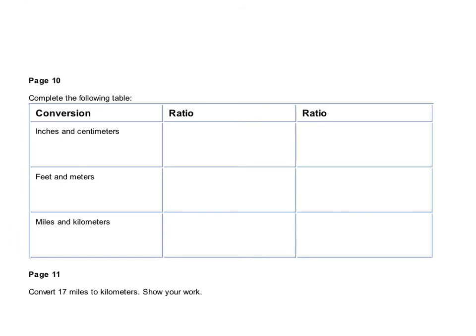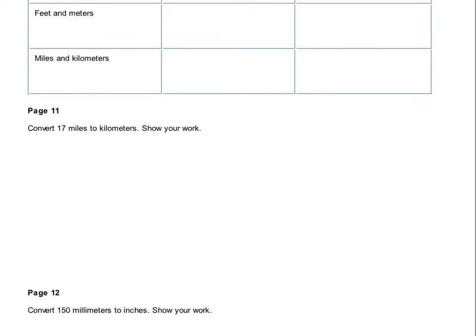Again, I've given you the conversion ratios from inches to centimeters and those various conversions. The next question says convert 17 miles to kilometers. So we're converting from miles to kilometers. I'm going to multiply 17 miles times a fraction. What I'm converting to is kilometers, so that goes on top. What I'm converting from is miles, so that goes on bottom.